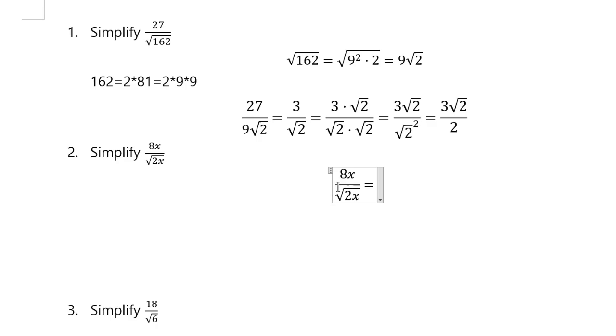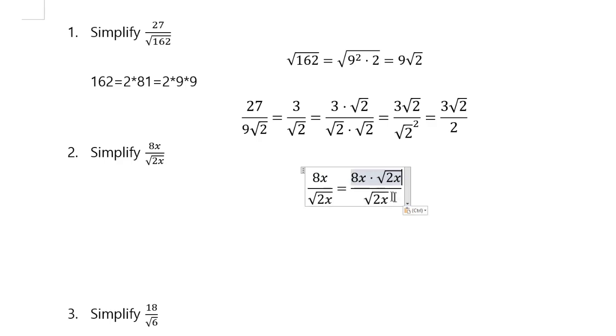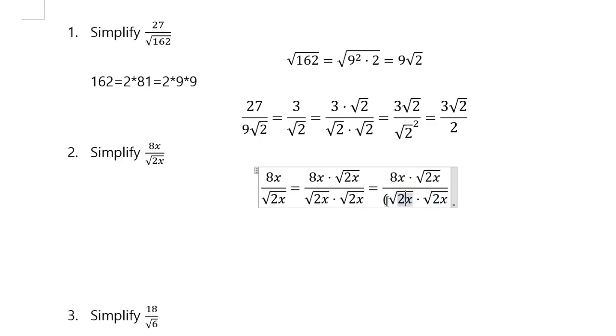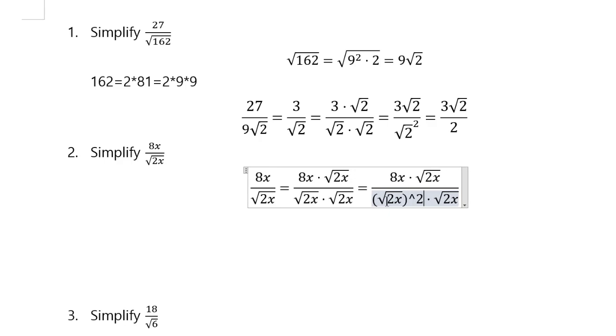So you take this and you multiply square root of 2x on the top, and also the same thing at the bottom, because if you do that, then you end up with this being multiplied by itself, which is like squared, right?